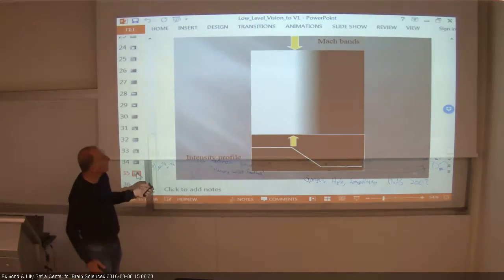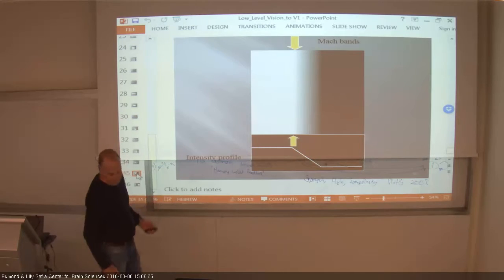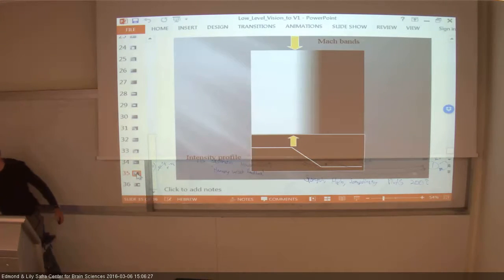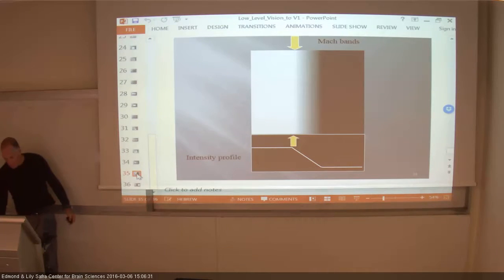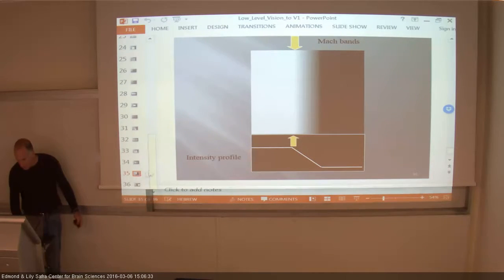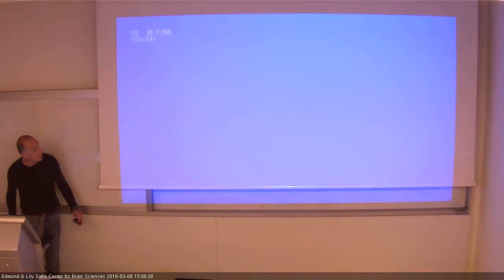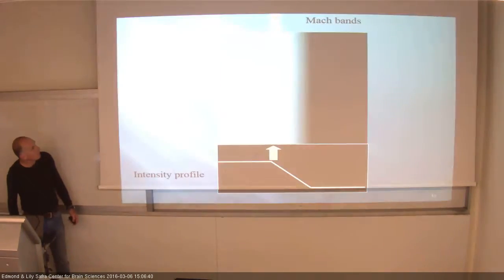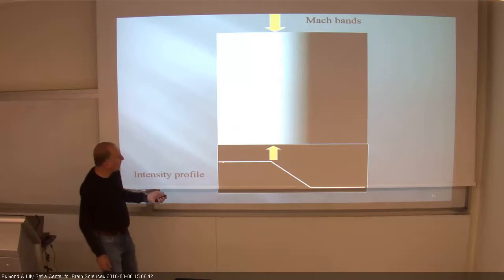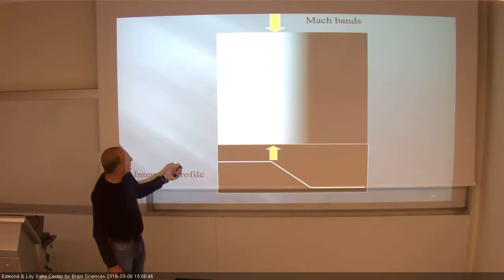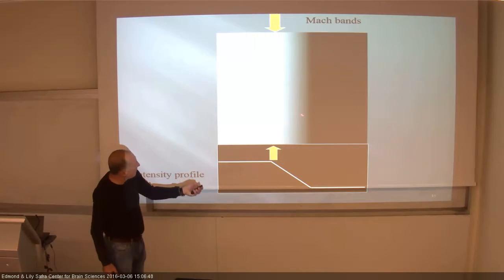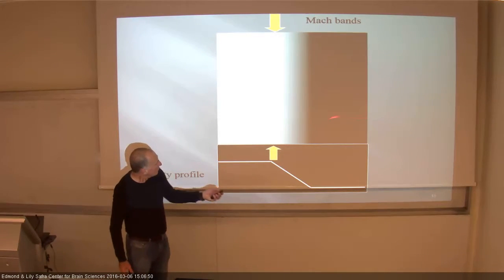If you see something which, if you were to measure it with a light meter, you see that this is constant light here, then there's a ramp here, and then it's dark here.